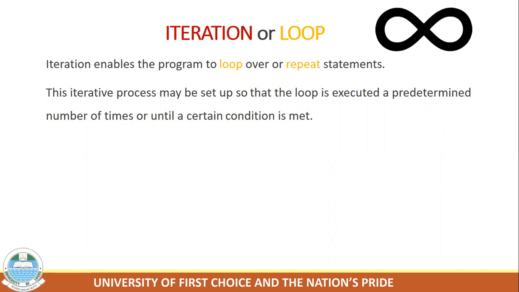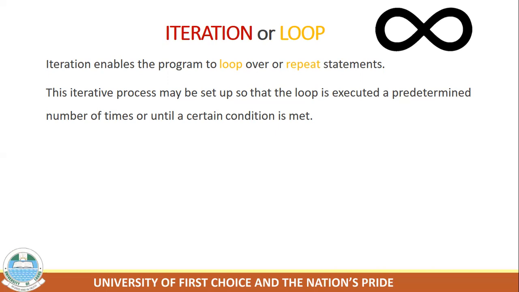Then what you're doing is an iteration. This iterative process may be set up so that the loop is executed a predetermined number of times or until a certain condition is met. So if you know the number of times you want this statement to be executed, fine. Or you want it to keep repeating until a certain condition is met.